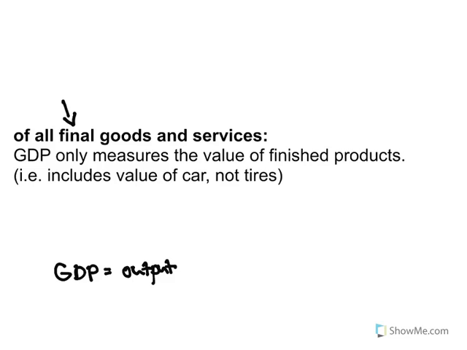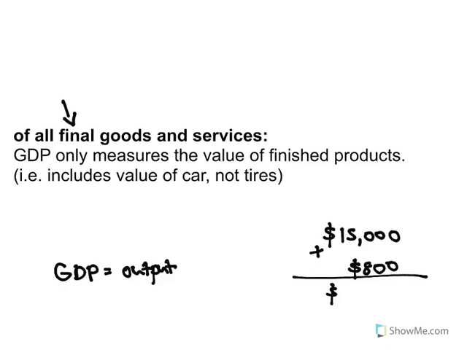And so the question is, why is that? Well, let's say you have a car and it costs $15,000, okay? In that $15,000 price tag is included the value of the tires, right? But if you count those in addition to the car, what ends up happening is, let's say the tires cost $800 put together.